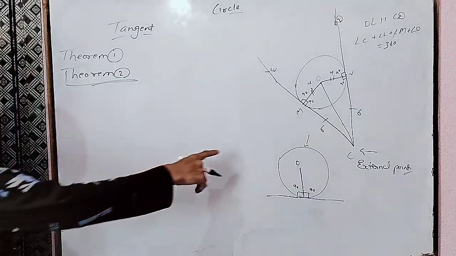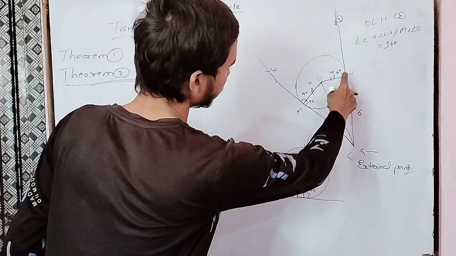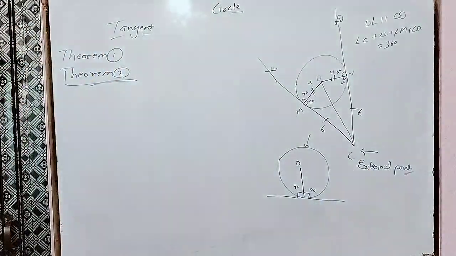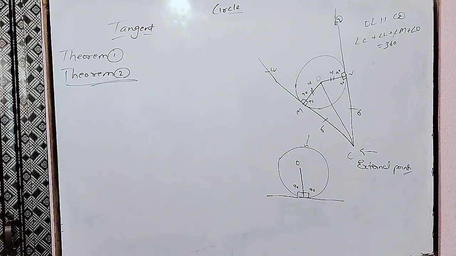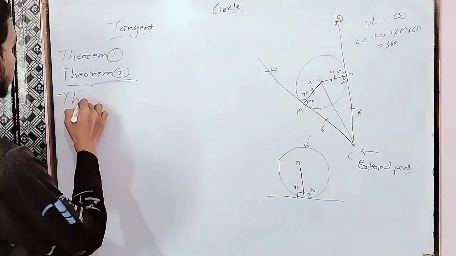So here you can say MC is equal to LC. Now the next theorem is the same.